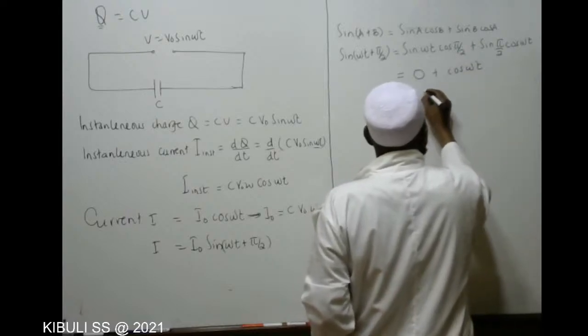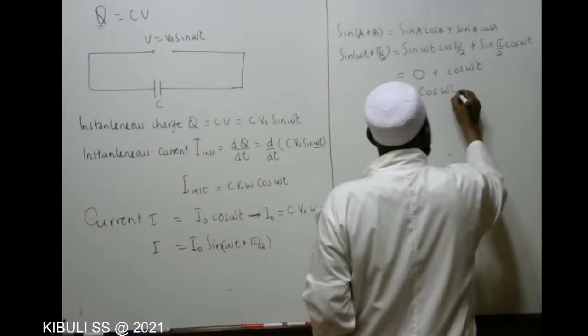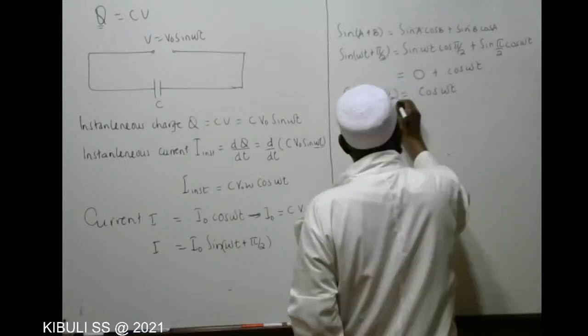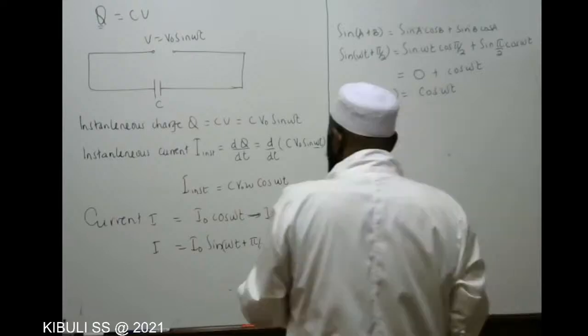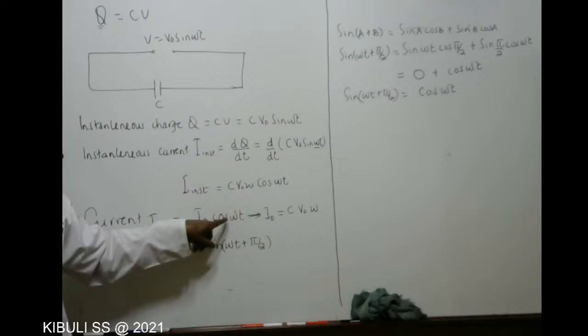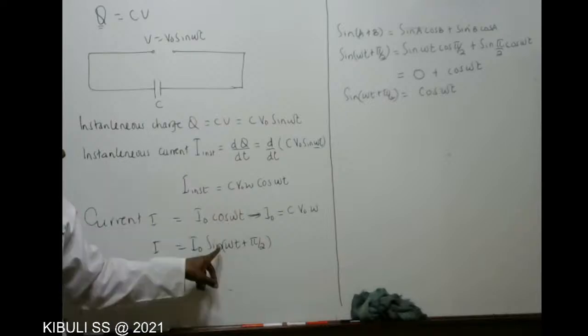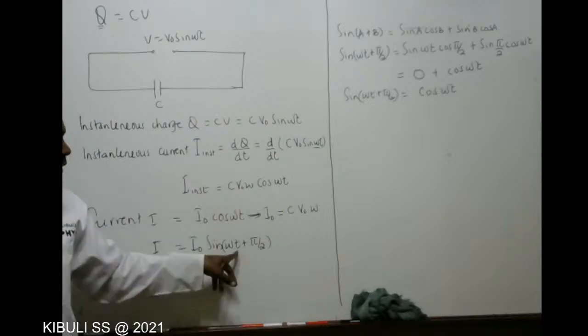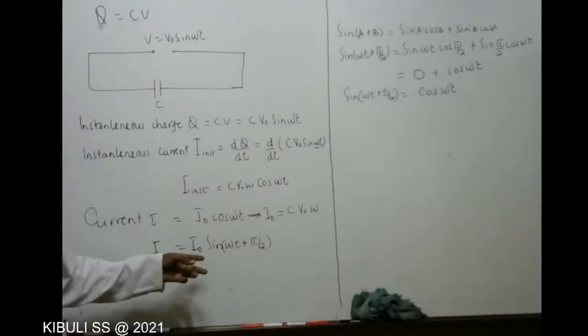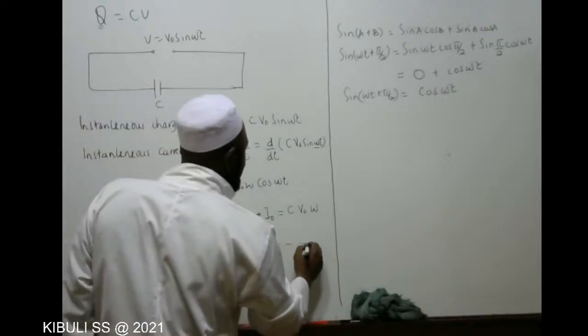So that means cos Wt is the same as sine of Wt plus pi over 2. So that is the reason why here, instead of having cos Wt, we have replaced it by sine of Wt plus pi over 2.